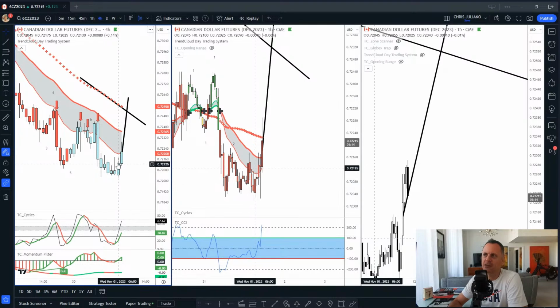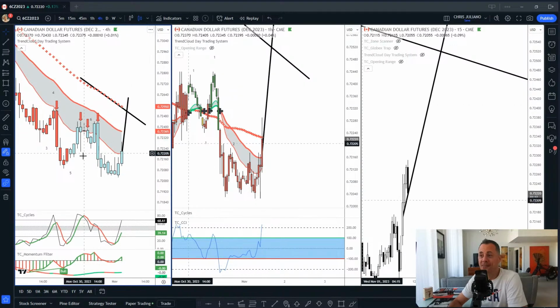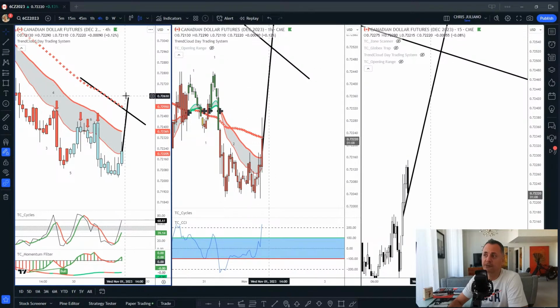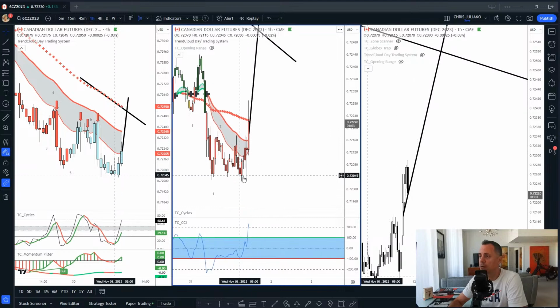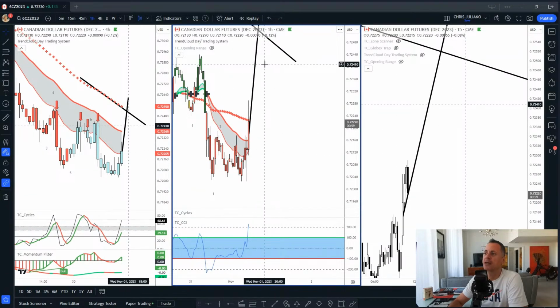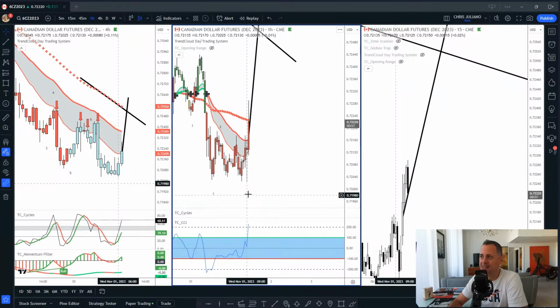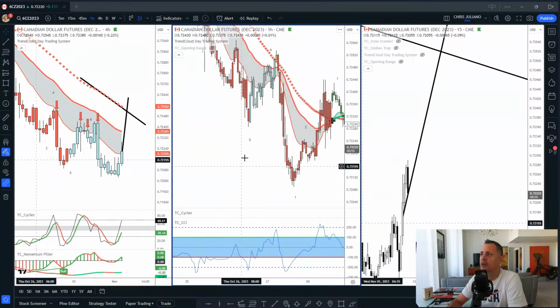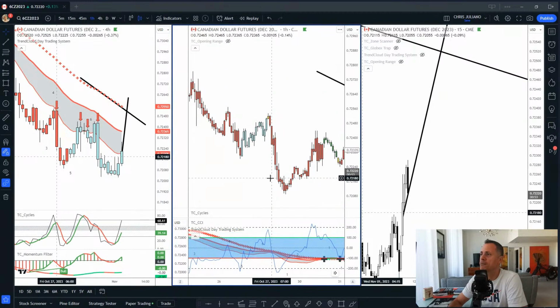Trend cloud is telling you price on this time frame wants to break above the 50. Okay, if it happened here, if the candles were blue on this time frame, it would be saying, hey, price on this time frame wants to break above the 50, like right here. And it does, right? And it did it.